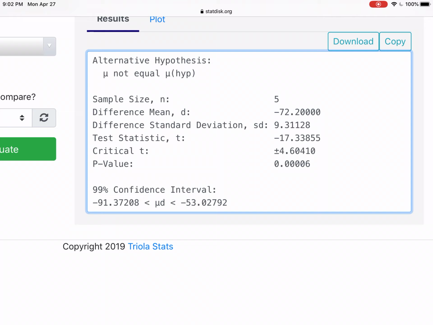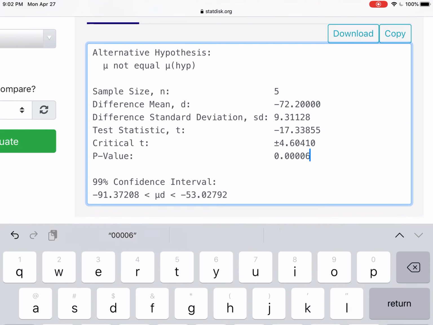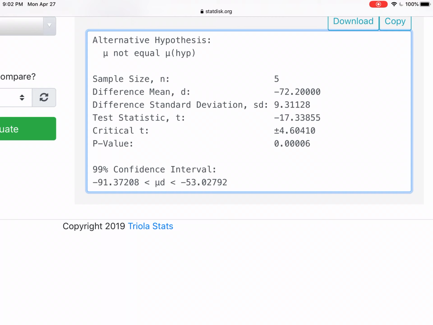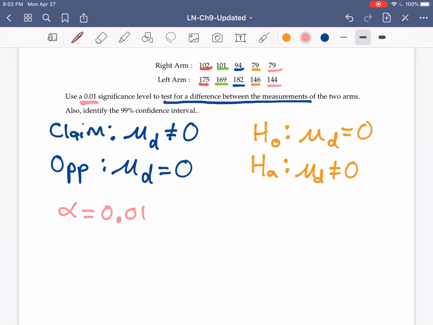Then we have a p-value that if we round it to the 4th decimal place, that 4th decimal place right here is going to round to a 1. So our p-value is 0.0001. We compare that p-value to the significance level. We observe that it's less than our significance level, so we reject the null.